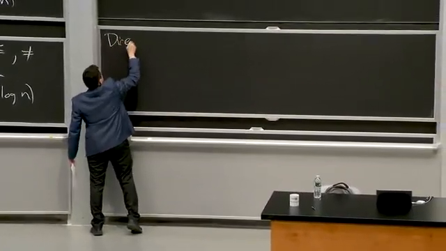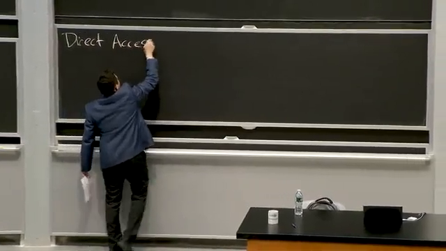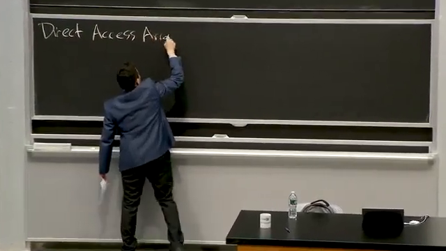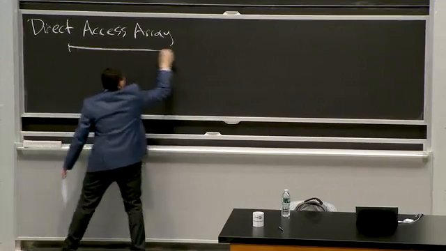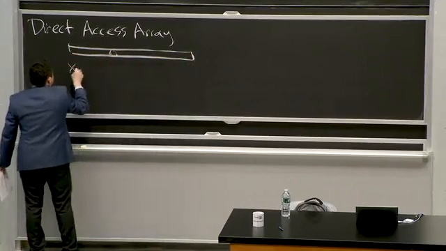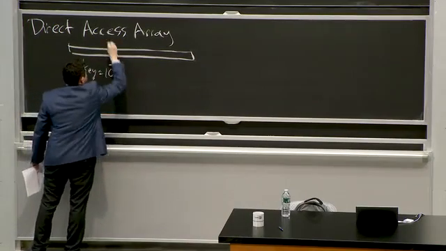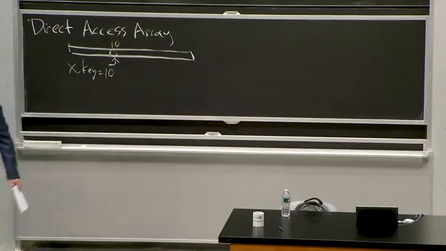It's really no different than the arrays that we've been talking about earlier in the class. We got an array, and if I have an item here with key equals 10, I'll stick it here in the 10th place.